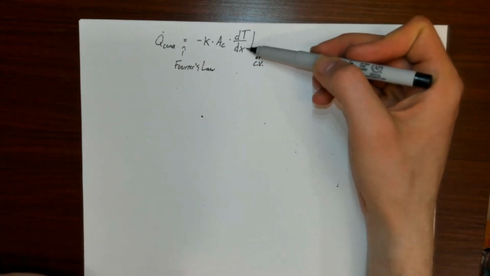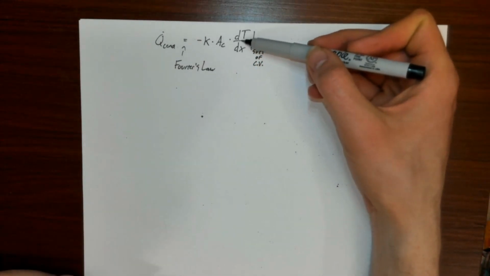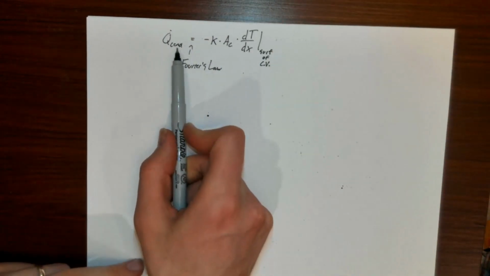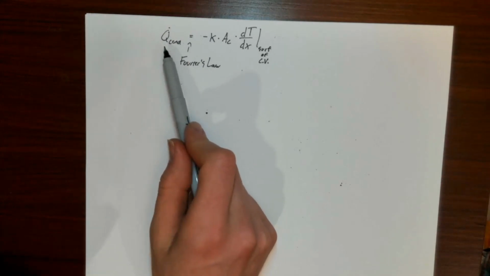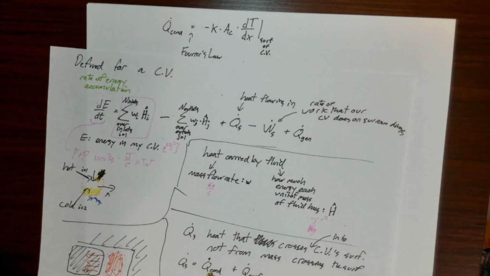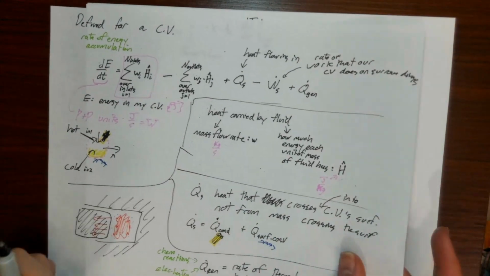So what does this mean? If you have temperature gradients at your surface, then that's going to result in heat flowing into or out of your control volume via conduction, and you have to account for that in your overall energy balance. We'll do surface convection in a future lecture.